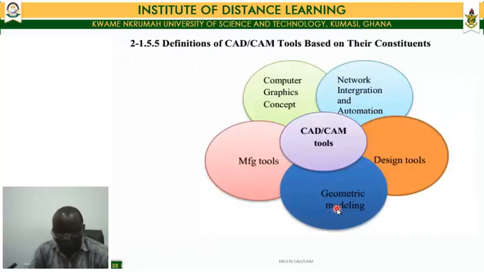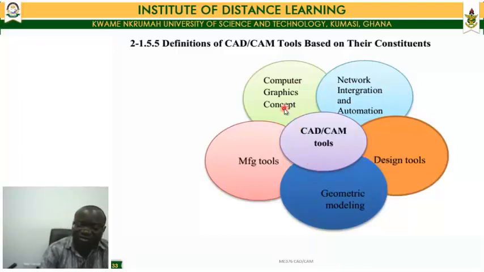So, if we take CAD and CAM and put them together and we want to define it, we looked at CAD separately, we looked at CAM separately. But when we put them together and call it CAD CAM, then if you want to define CAD CAM based on what you see, the constituents. If you have a software or a tool that we call a CAD CAM system, then that CAD CAM tool should have a computer that has the ability to give you a graphic display.